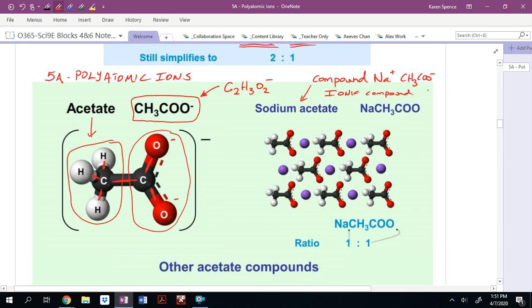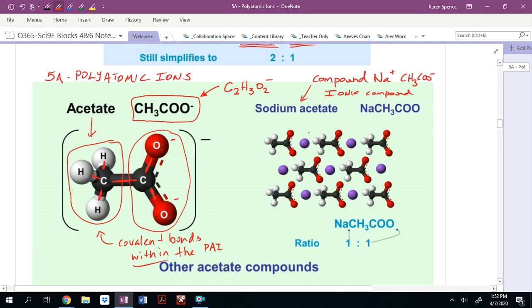And although there were covalent bonds within the polyatomic ion, and I'm just going to start abbreviating polyatomic ion as PAI because it's really long to write. So there are covalent bonds within the polyatomic ion.